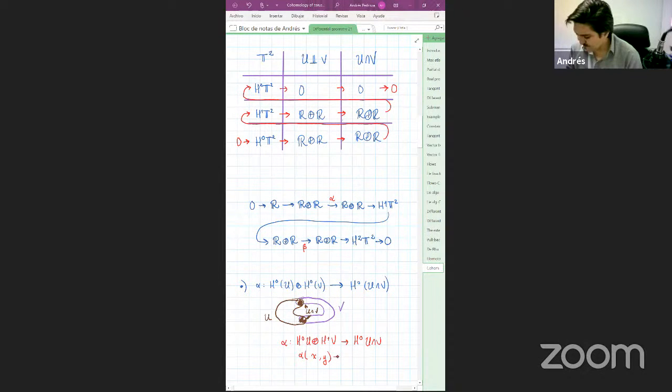Then remember that the definition was, I have this differential form X, I have to restrict that to the intersection.